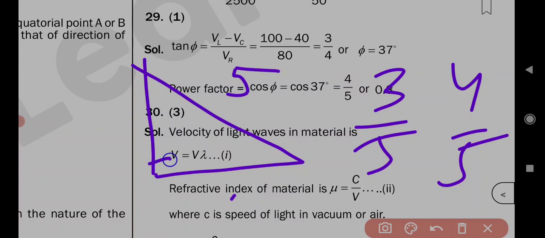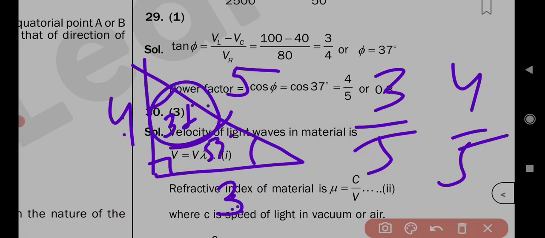This is 90 degrees, this is 53 degrees, this is 37 degrees. Tan phi is 3 by 4, that is 37 degrees. Cos 37 is 4 by 5.